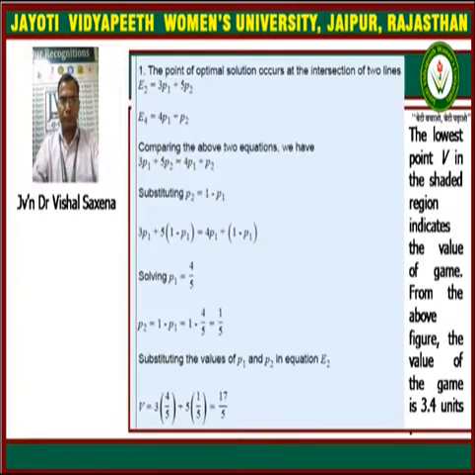Now we can find it by one more method: the point of optimal solution occurs at the intersection of two lines. The two lines are given by strategies E2 and E4, that is 3P1 plus 5P2, and 4P1 plus P2.